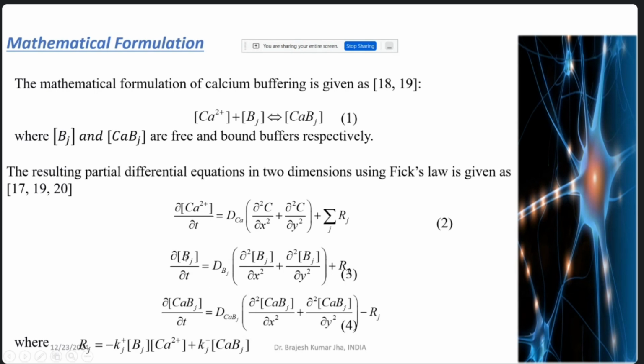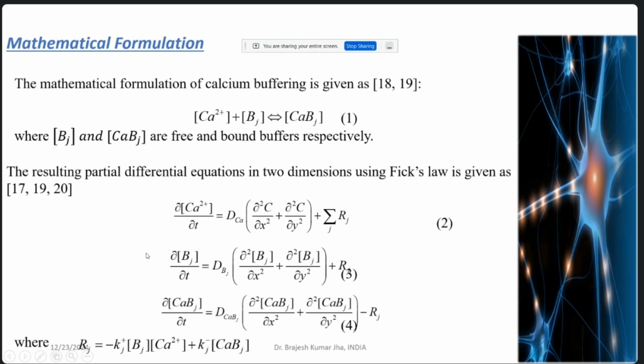Here we have considered the immobile buffer. Immobile buffer means what? There is no change in that case, del bj by del t is 0, and at the same time this is also going to 0.